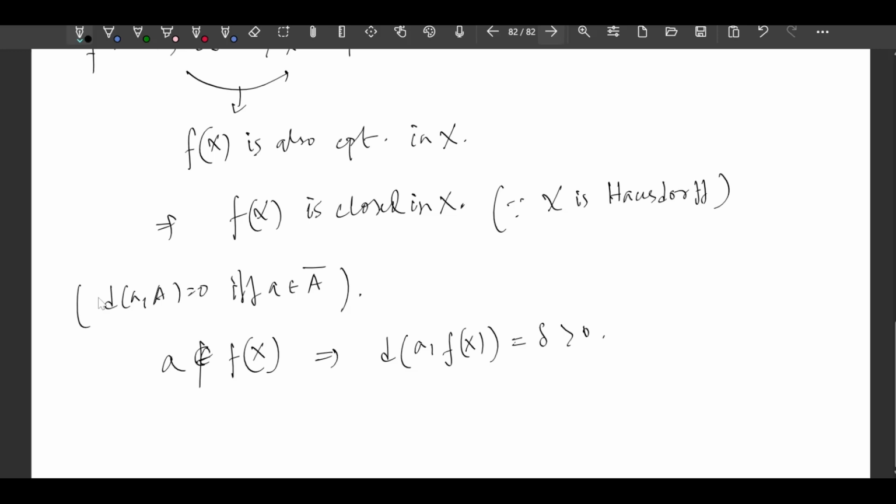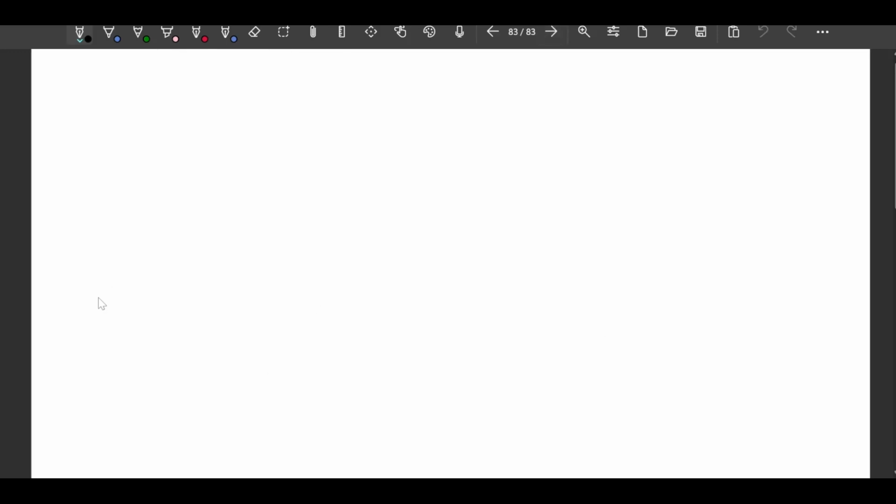You should understand. Okay, just use this lemma. Now my claim is that we have a sequence, right?